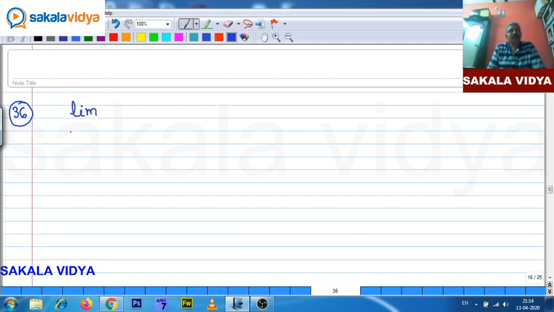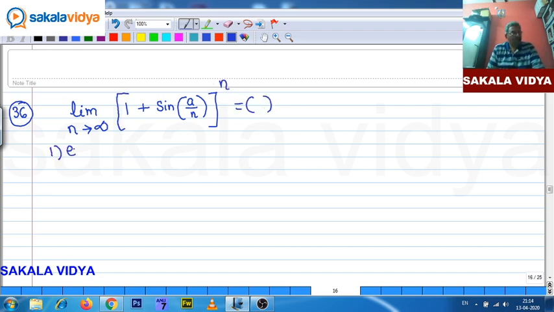Limit n tends to infinity of (1 plus sin a by n) whole to the power of n. First option e.